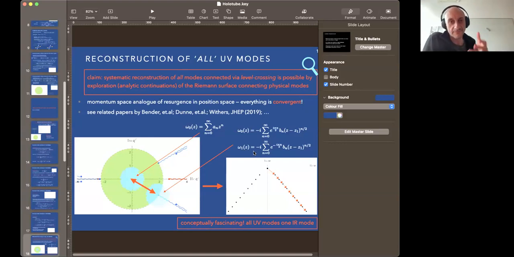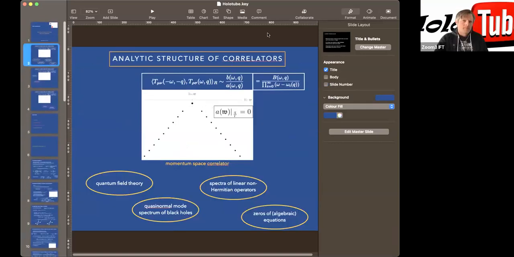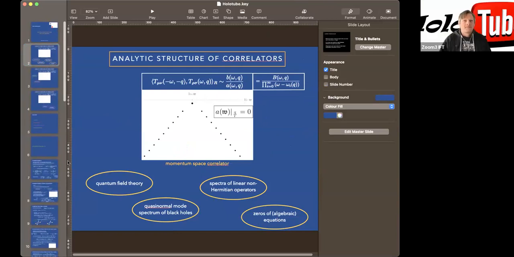You know what I'm talking about. In a zero temperature CFT, there's always a cut, so we're talking about this structure. Yeah. So coalescing quasi-normal mode points, there's a cut. Yeah, there's a cut here on the real axis.